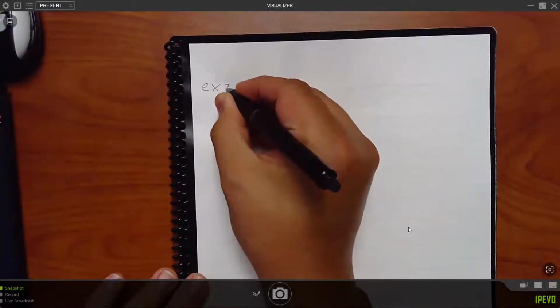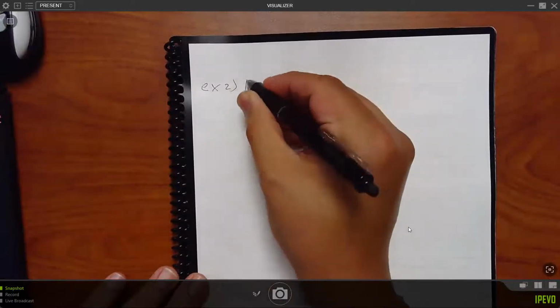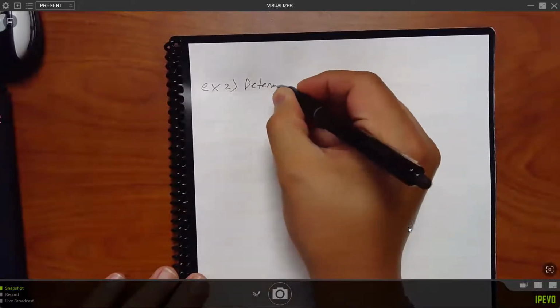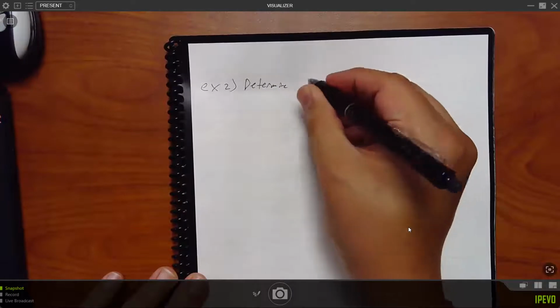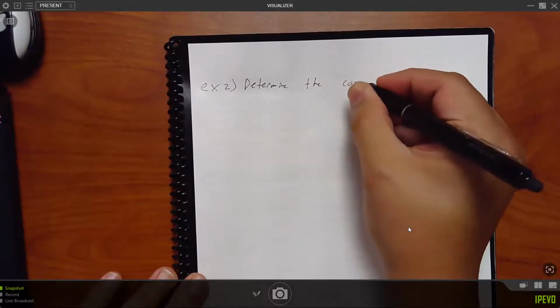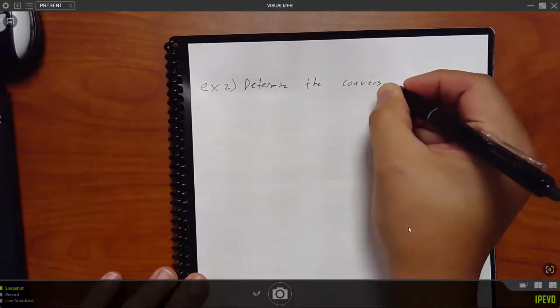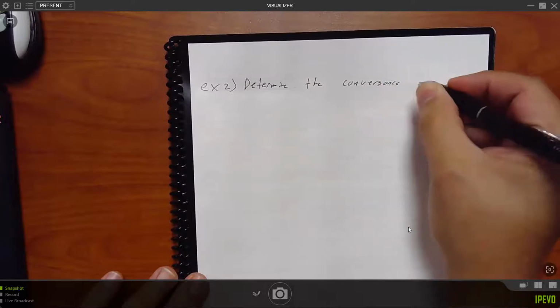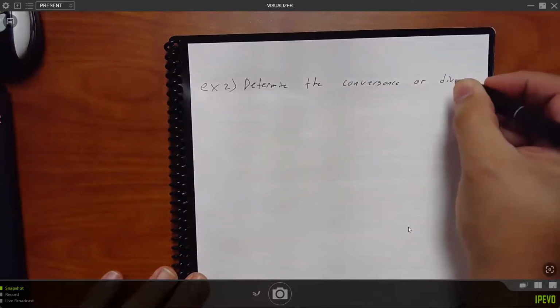Example 2, determine convergence or divergence.